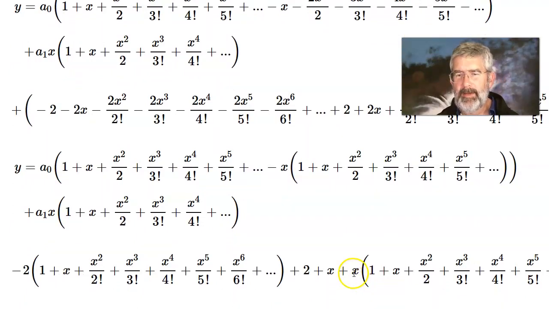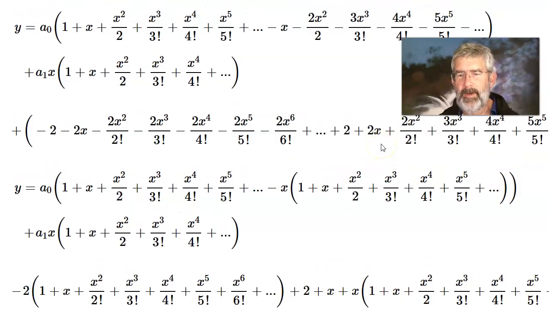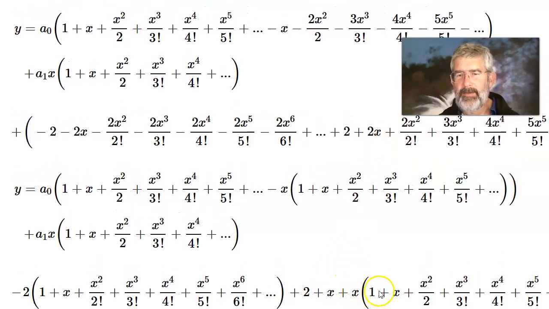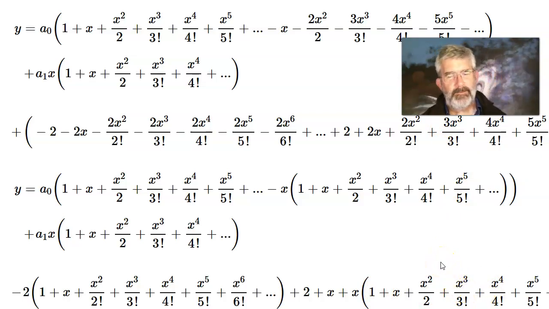If I distribute this x back in, this is going to be x times 1, that's x times x, is the 2x, right? The x times x is x squared over 1, that's this one, and the x times x squared, this one right here, is x cubed over 2, that's this one, because the 3's cancel out, and likewise on down the line, okay?